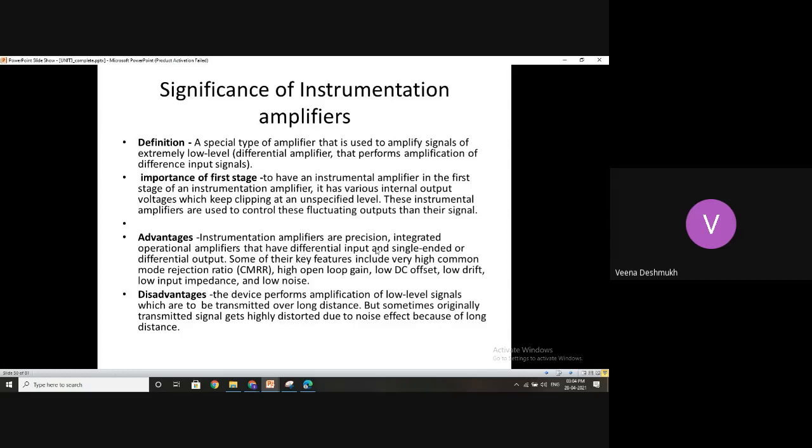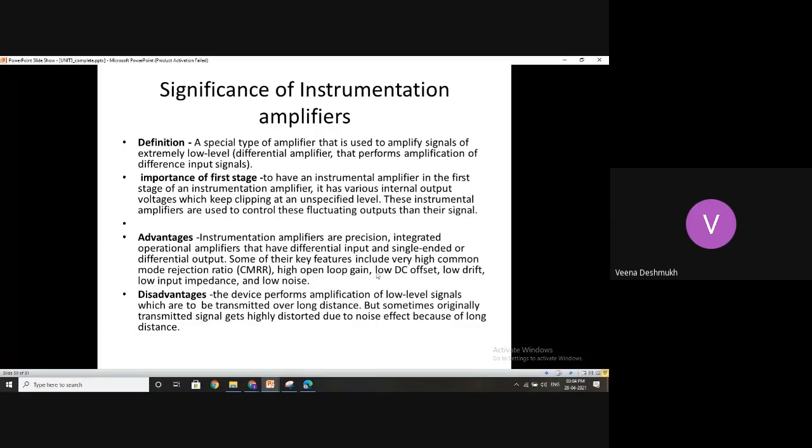So these are the basic advantages, and also it is precision type, so the lowest level signals also can be amplified. And with the integrated differential stage, at least one differential stage is definitely available here because it reduces the noise.